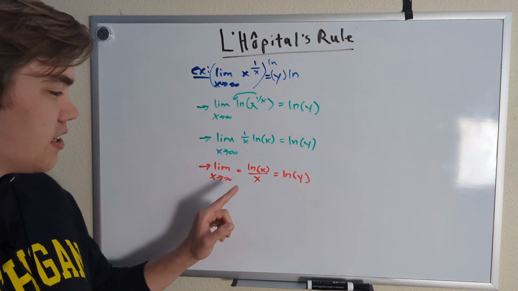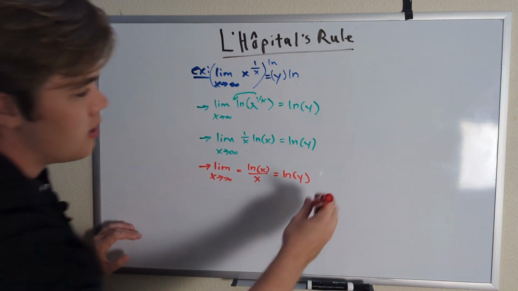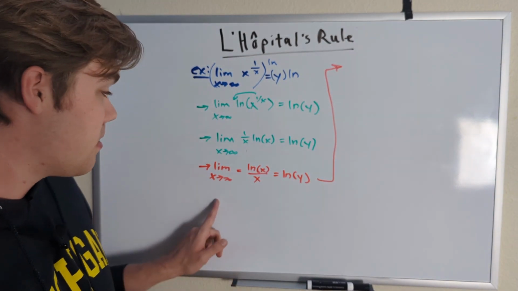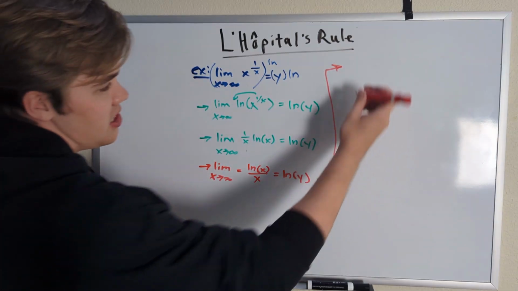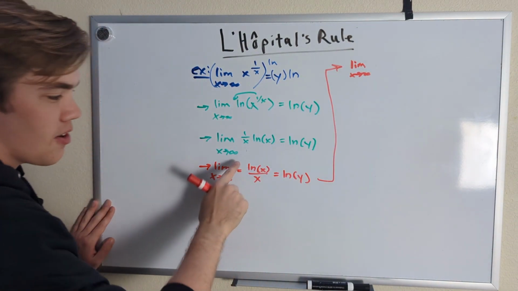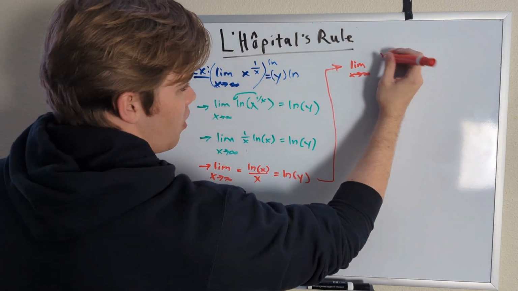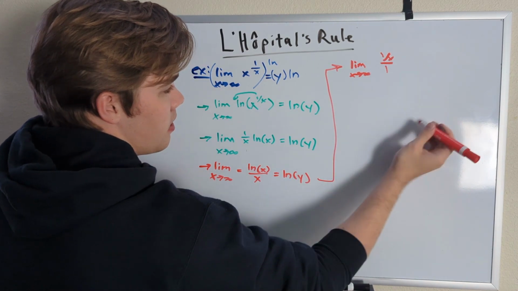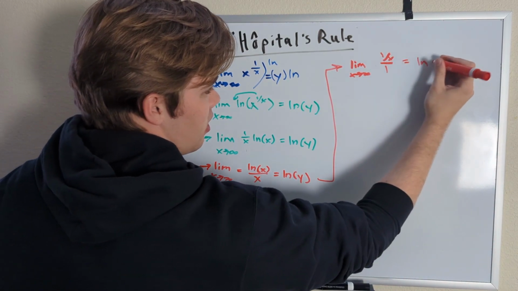So let's take the derivative of the top and bottom function. This is still equal to the limit as x approaches infinity. The derivative of natural log is 1 divided by x, and the derivative of x is just 1. Remember, this is still equal to natural log of y.